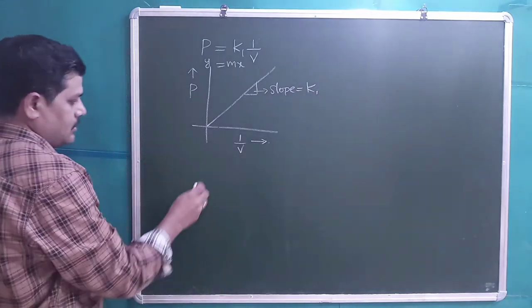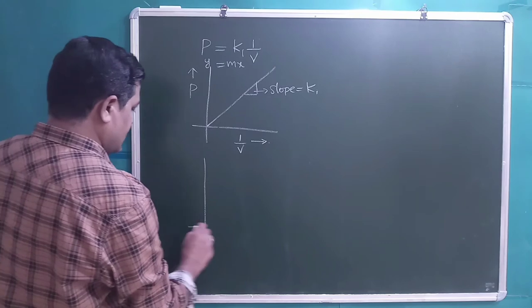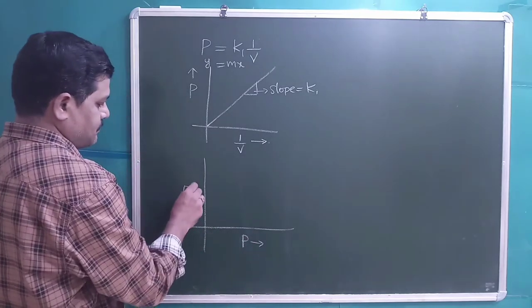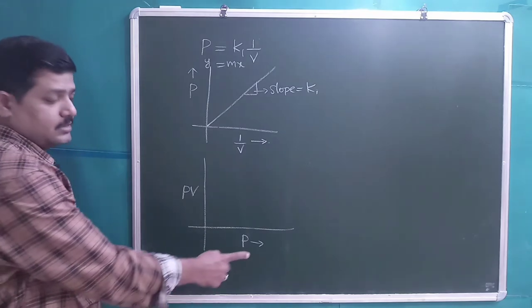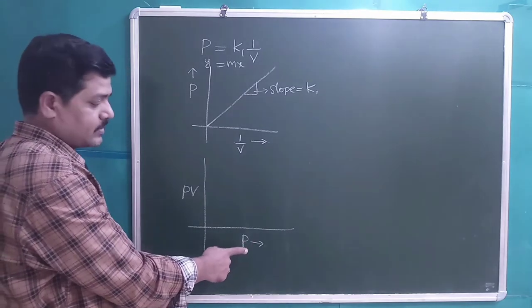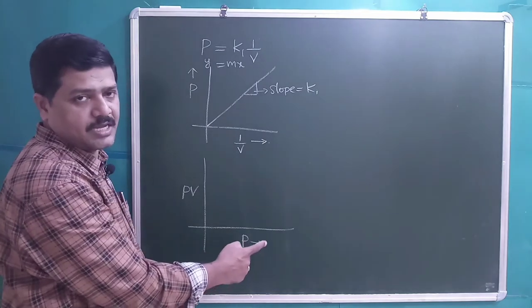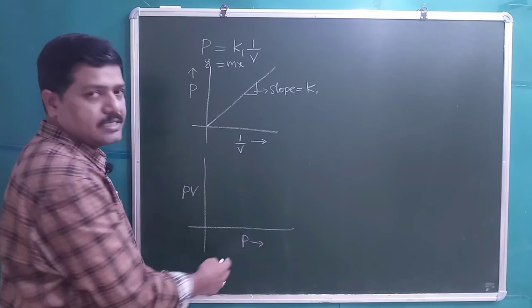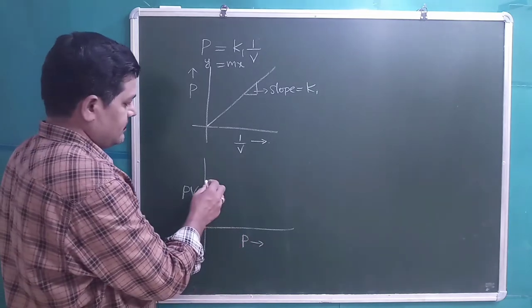So when we take the graph, that is P versus PV graph. Generally, as the pressure increases, volume decreases. Pressure is inversely proportional to the volume. So, as the pressure increases, volume decreases proportionately.